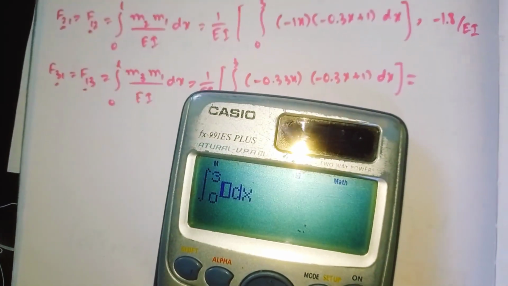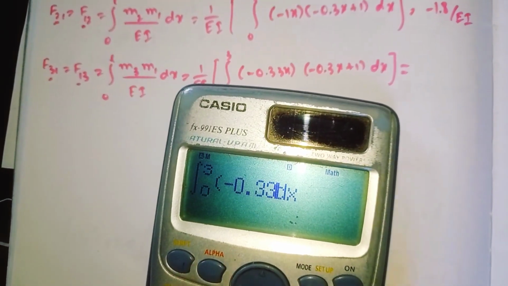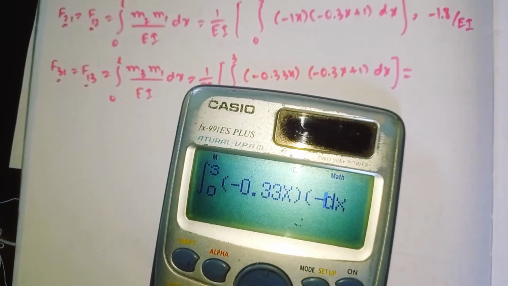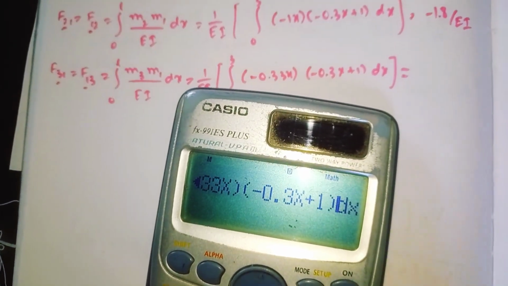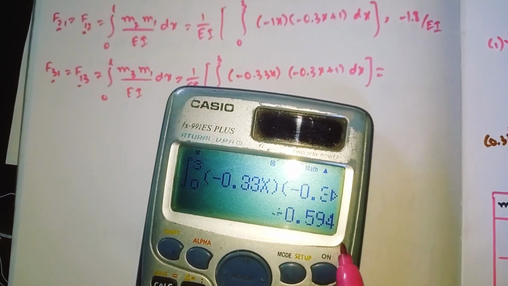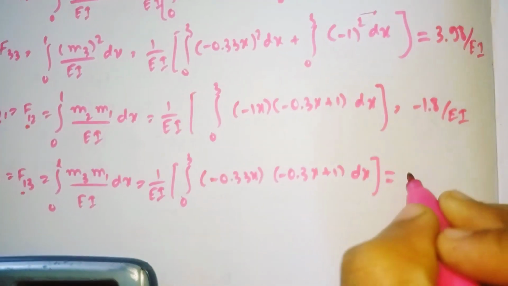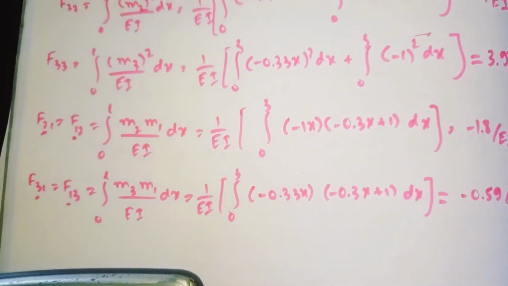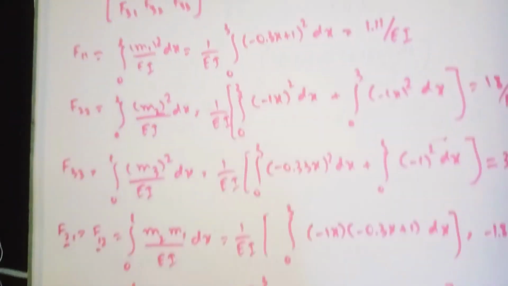So integrate it. By using the calculator we will solve it. So integration of 0 to 3 into minus 0.33x, bracket close, again bracket, minus 0.3x plus 1. So solve it. So our F13 will come out as minus 0.59. So the F31 as well as F13 value is minus 0.59 divided by EI. And now we'll solve for F32 and F23.